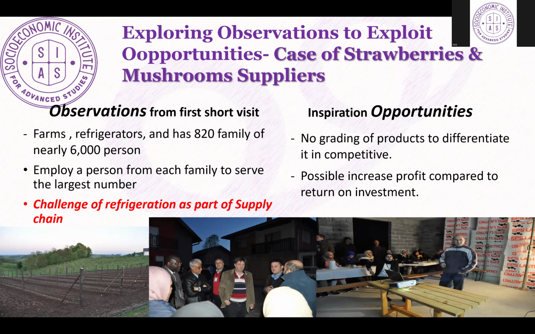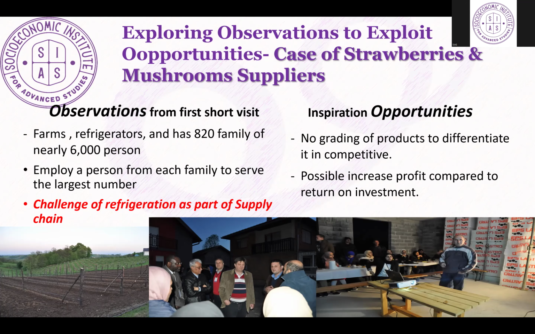Then we have the case of strawberry and mushroom suppliers, and these are farms which have refrigerators and 80 families which collaborate together, from 6,000 persons who benefit from this. Now, each family has a person in the company working for that.